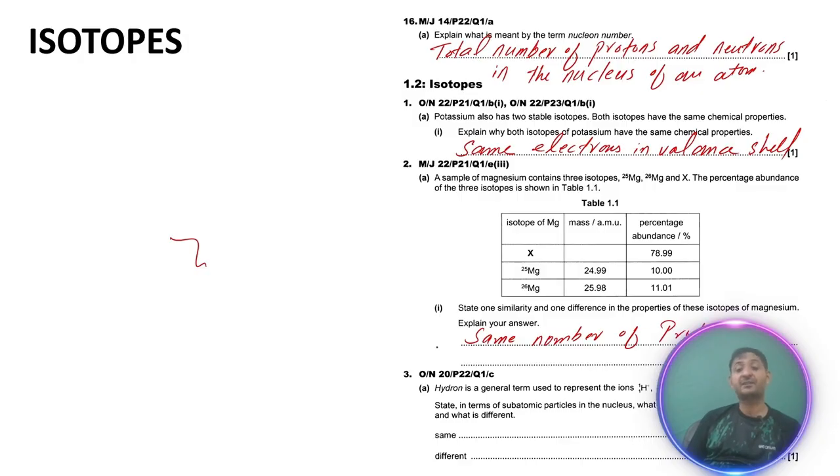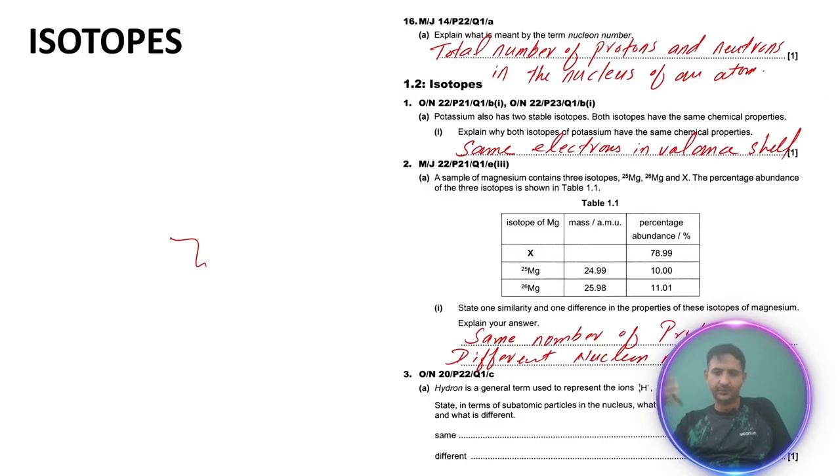The difference: they have different nucleon numbers, or you can say different neutron numbers. Understand?